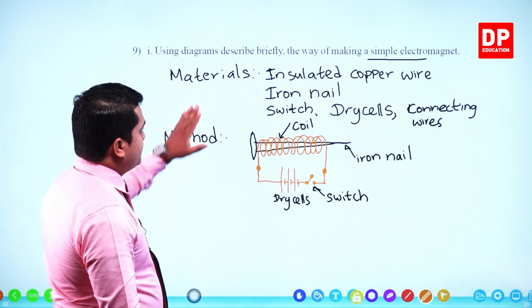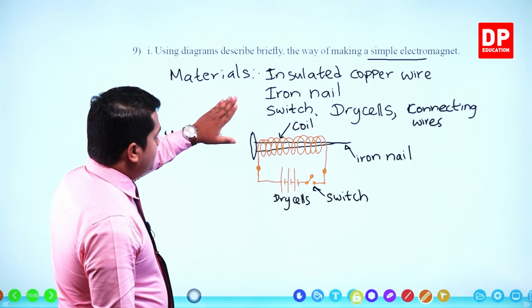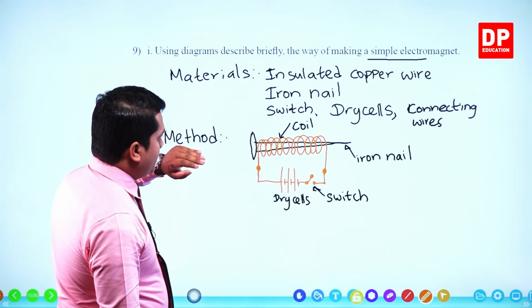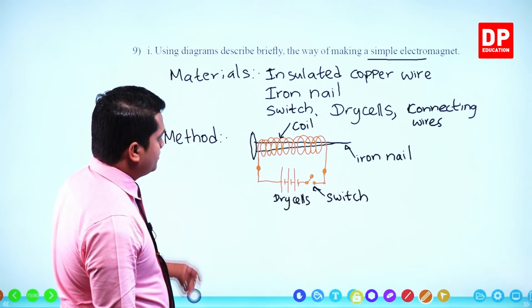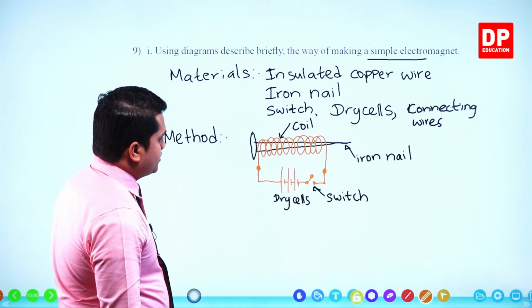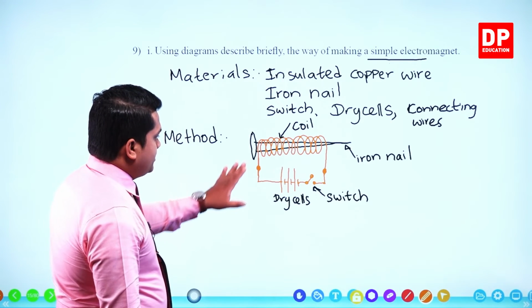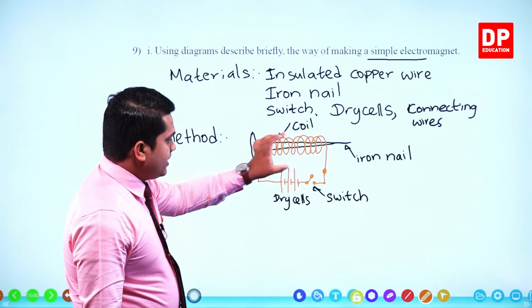So you'll be needing these materials first: insulated copper wire, iron nail, right? A switch, then several dry cells and some connecting wires. Then this is the coil which is wrapped around the iron nail.